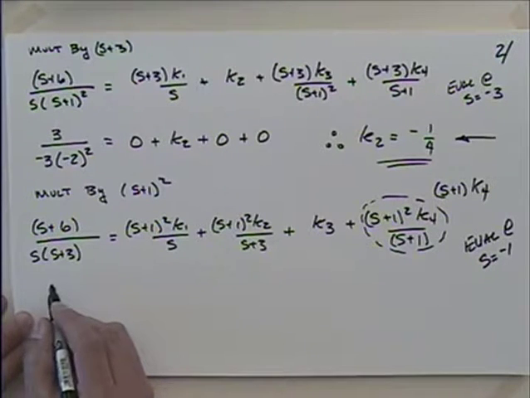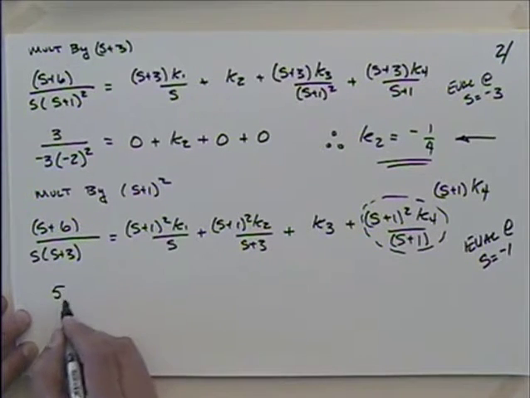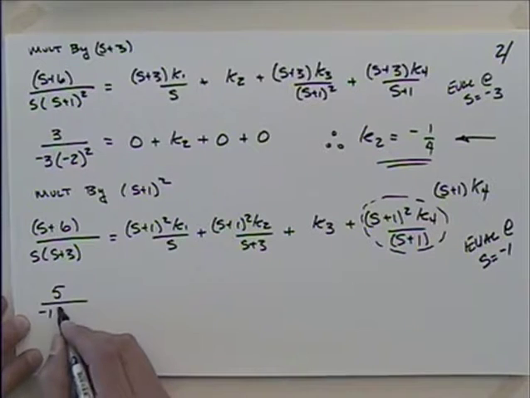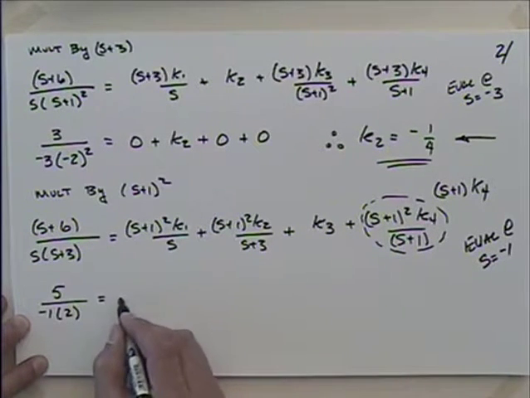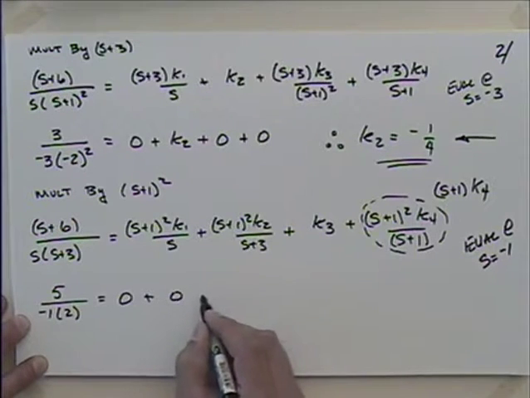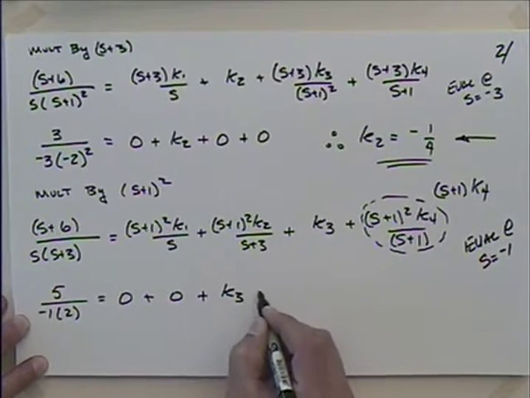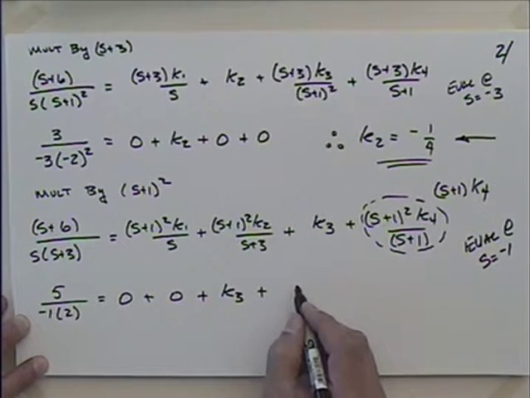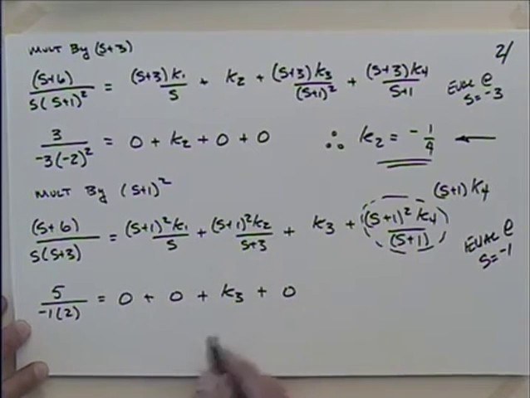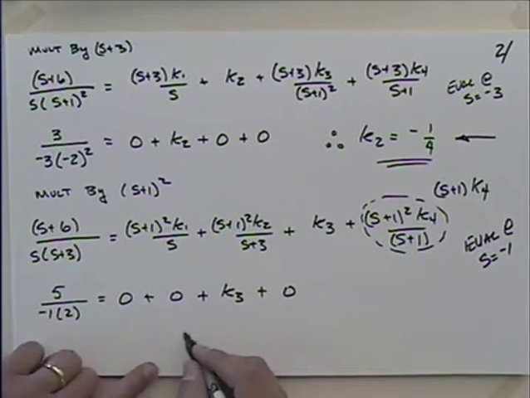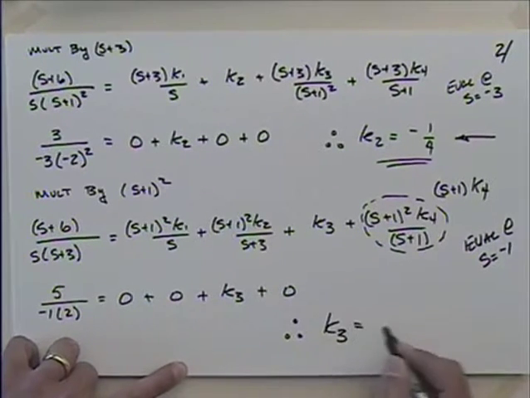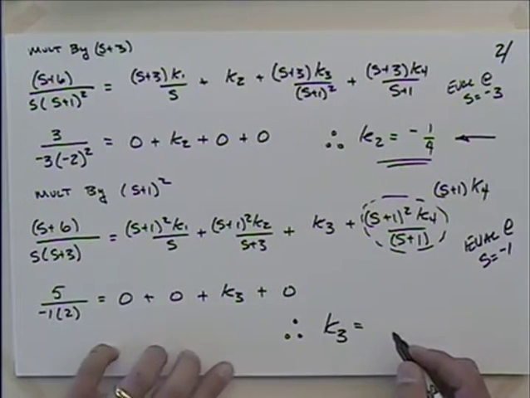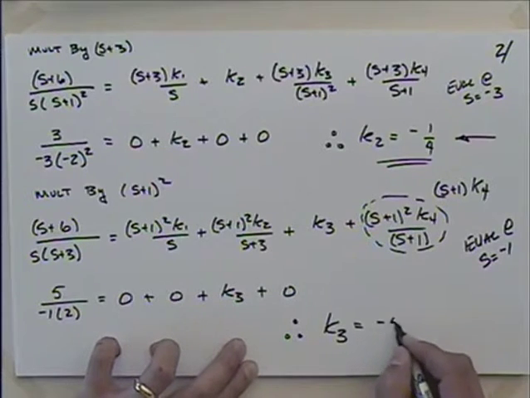So s equals minus 1, I get 5 over minus 1 times 2 is equal to 0 plus k3 plus 0. So with that, I get that k3 is equal to minus 5 halves.